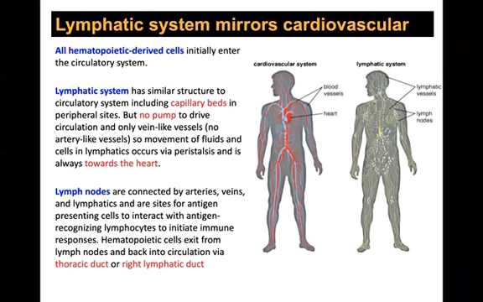Now, lymph nodes are the primary sites of immune responses to peripheral infections. And so if you look at where they start, basically from your knees to your elbows to the top of your head.